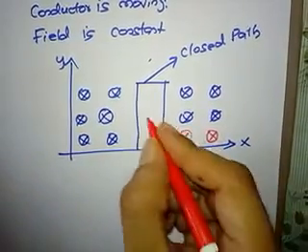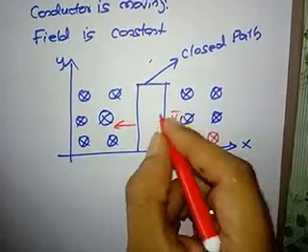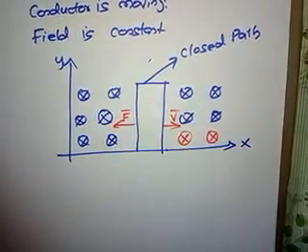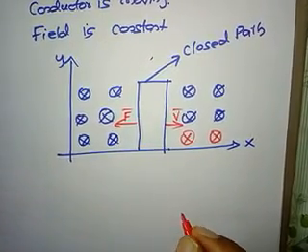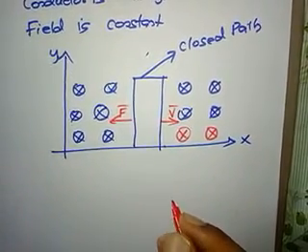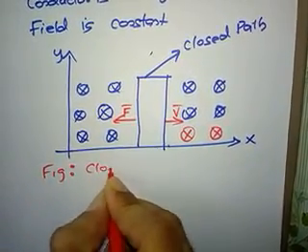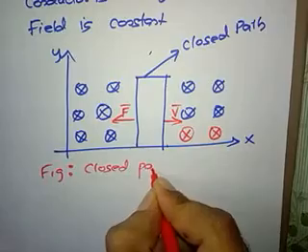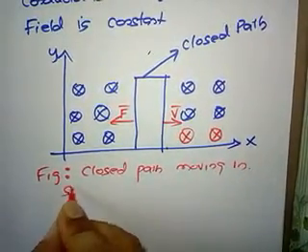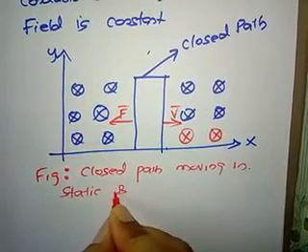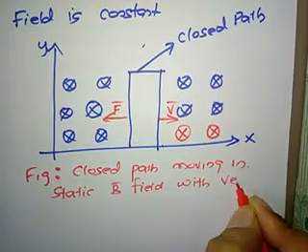Then we have the velocity v bar, and the force on the charge, that is F bar. So this is a closed path moving in static B bar field with velocity v. This is the figure for a closed path moving in static B bar field with velocity v.